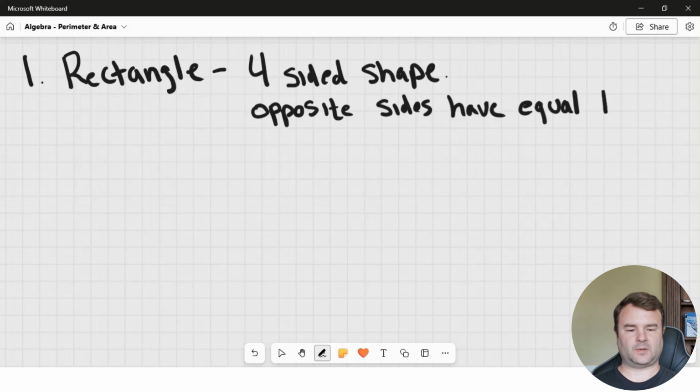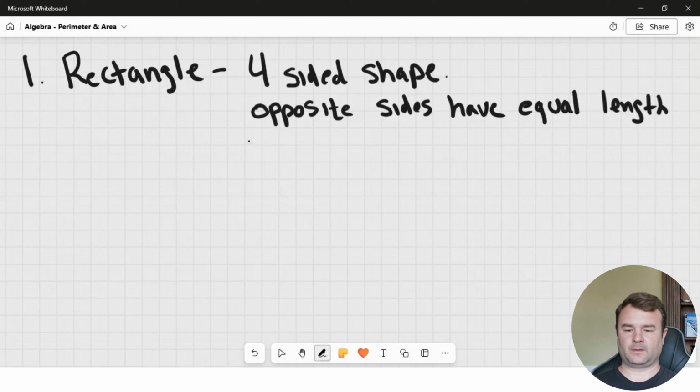And the two lengths of the rectangle are equal distance, and the two widths of the rectangle are equal distance.